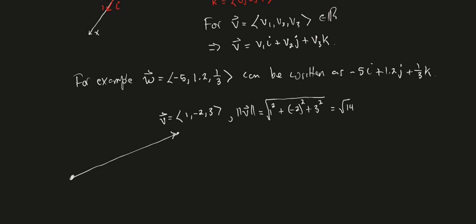What if we wanted a unit vector that acts in the same direction as v? So we want it to point in the same direction, but we don't want it to be root 14 units long. What we want it to be is 1 unit long. So what would that vector be?